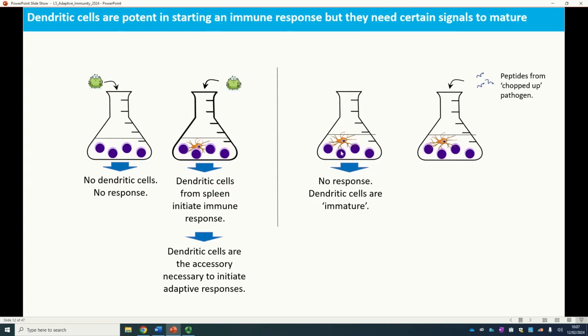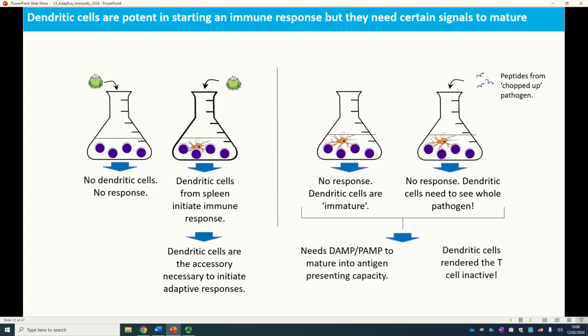In this response, if we've got lymphocytes and a dendritic cell, we have no response. But this time, if we're adding in bits of a peptide, so it's almost like a vaccination in a way, what do you think will happen? Will we get a response? Actually, we don't. Because the dendritic cell needs to see the entire pathogen, okay?